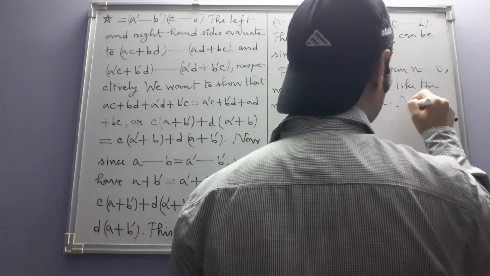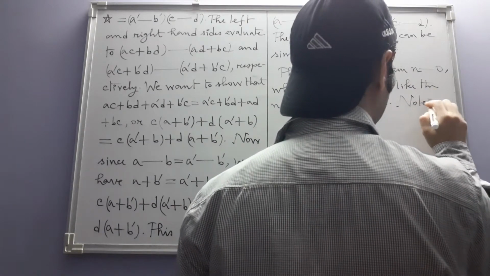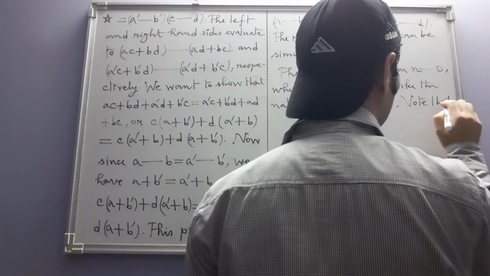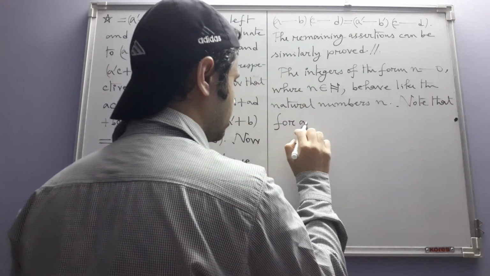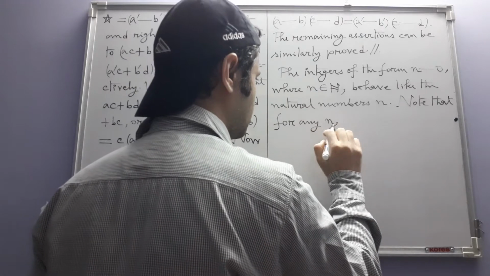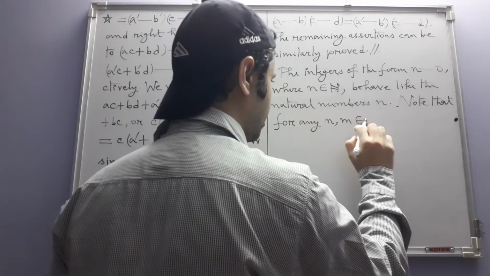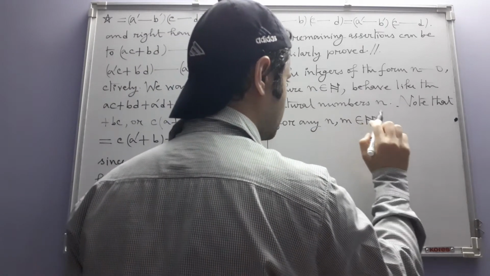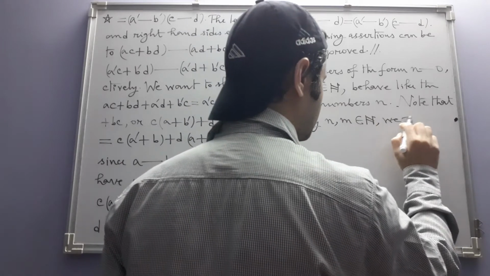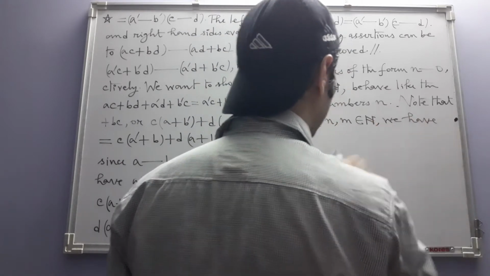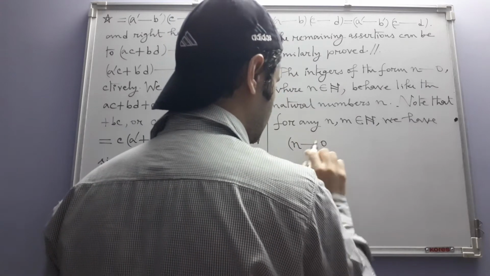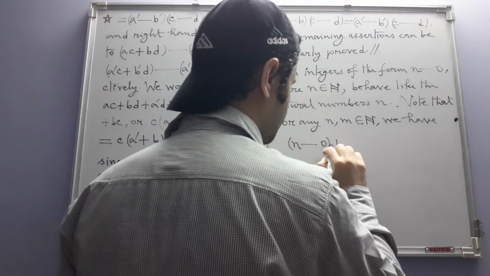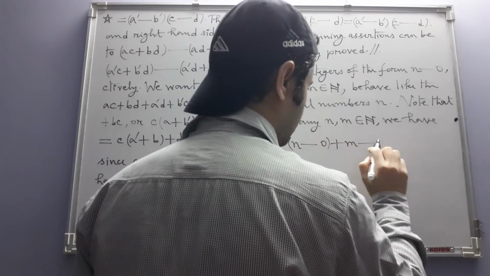Note that for any natural numbers n and m, we have n dash 0 plus m dash 0.